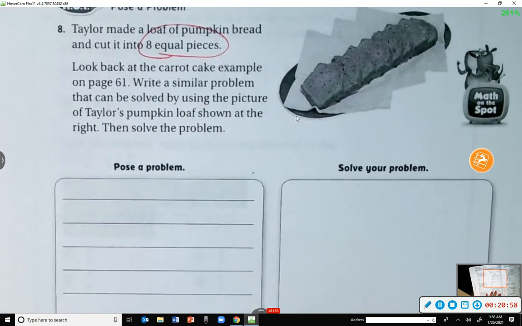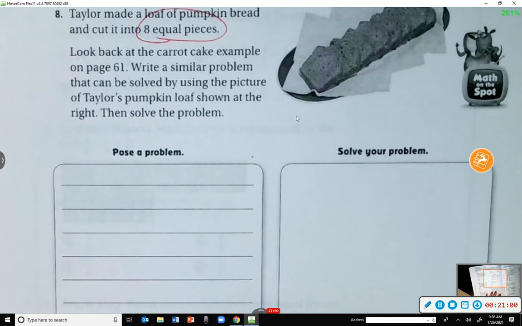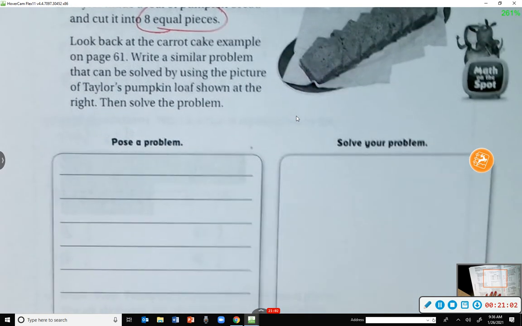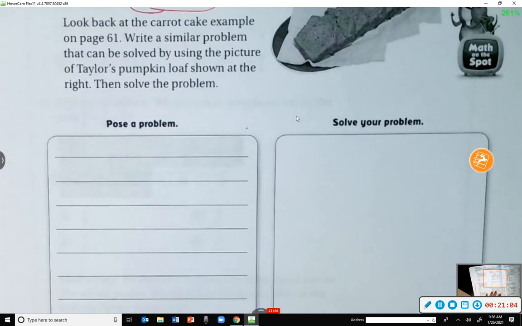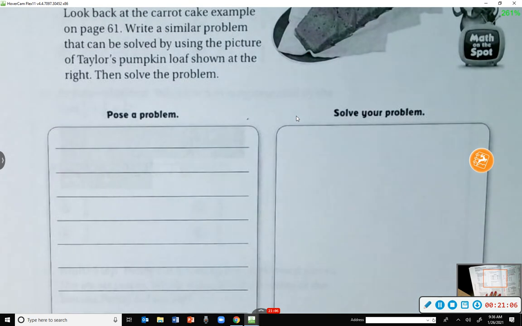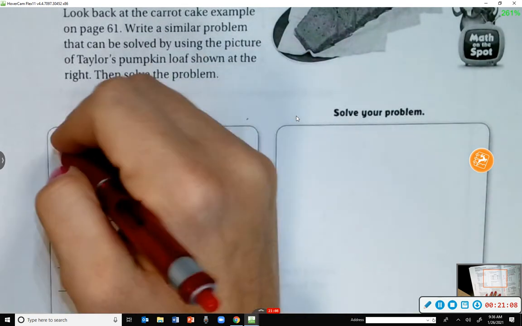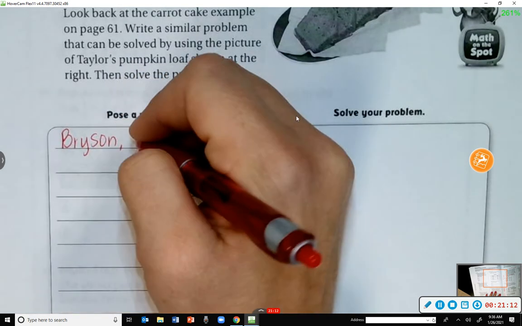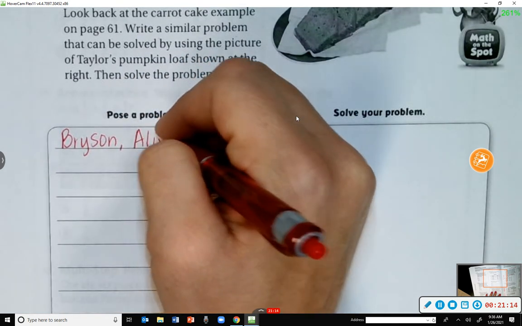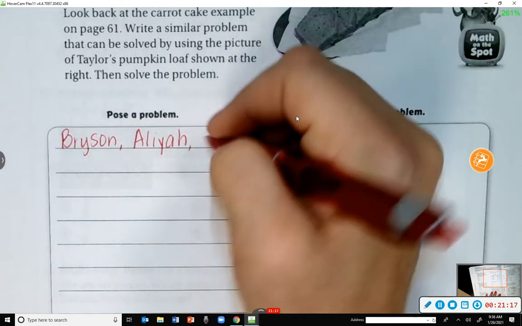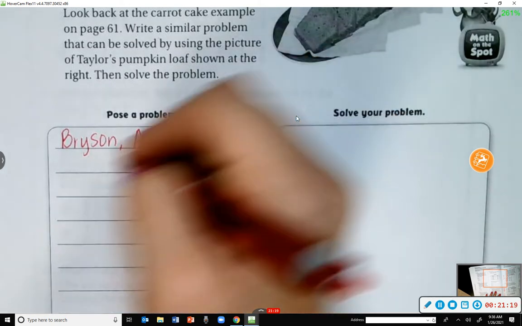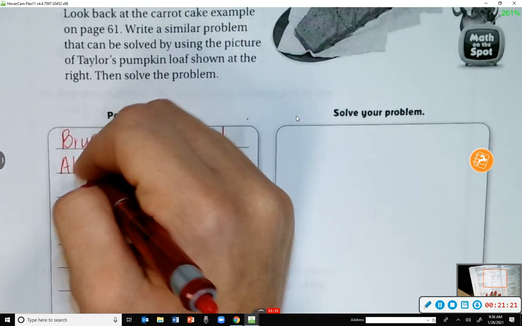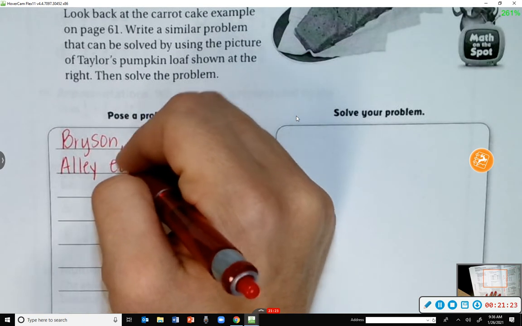So now we're going to make up our own problem and then solve it. So how many people do we want to talk about in our problem? 8? Ooh. Oh, no. 3. 3 people. Okay, so we'll say Bryson, Aaliyah, and Allie each eat what?